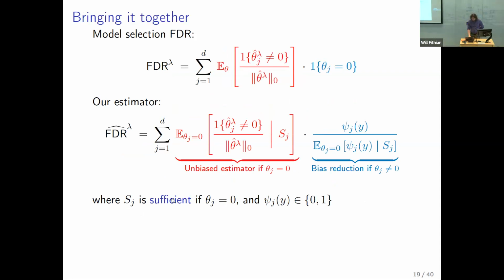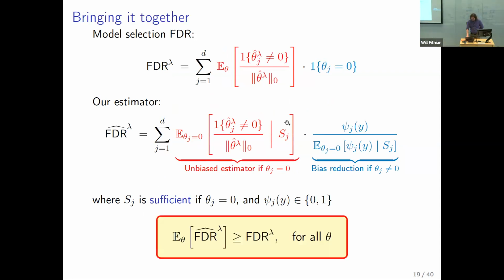And all we have to assume is that we have some sufficient statistic Sj. Now I claim that for any psi j here, without really any assumptions about theta hat, this FDR estimator is always conservatively biased, regardless of the theta.